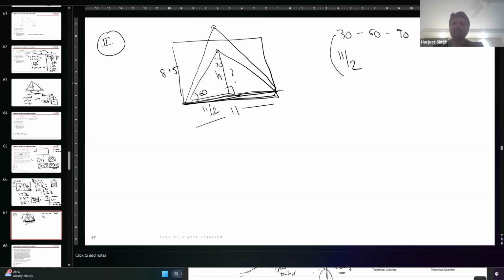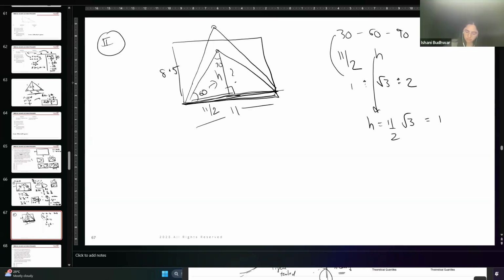And if you remember, the ratio is 1 is to root 3 is to 2. So if I have 11 by 2, what is H? Can I say it is opposite to 60 degrees? So H will be nothing but 11 by 2 into root 3. And that is 5.5 into 1.7 approximately. And how much is that?